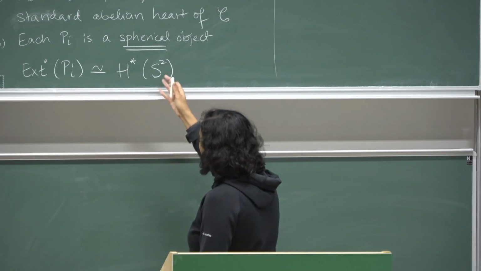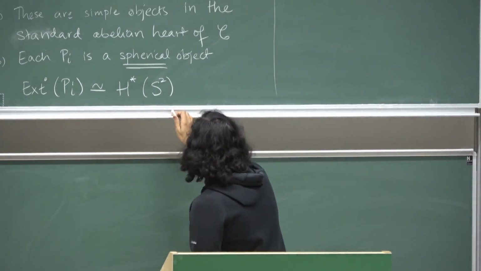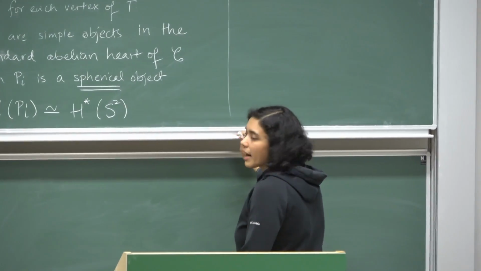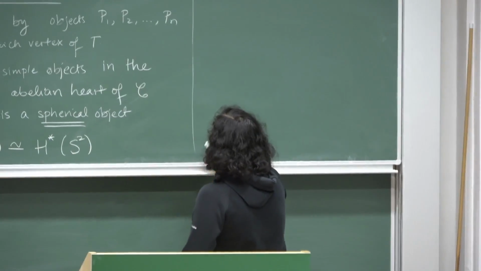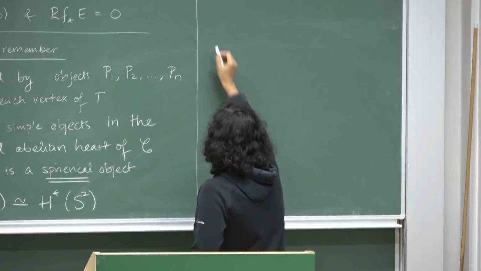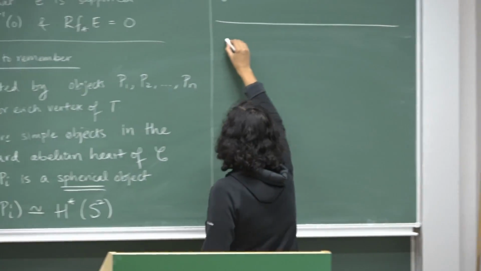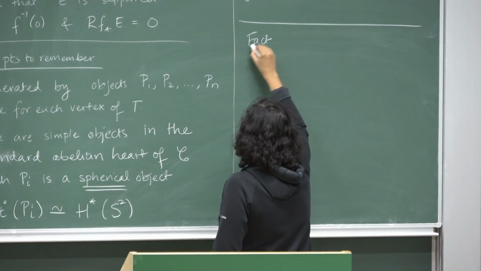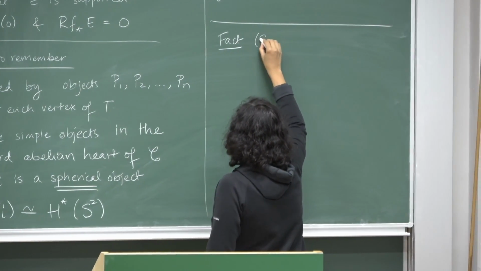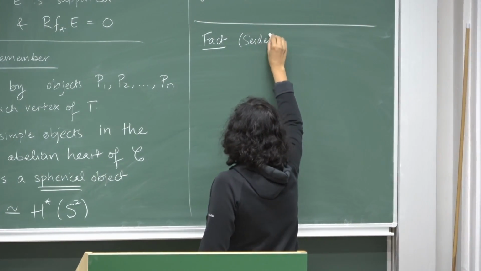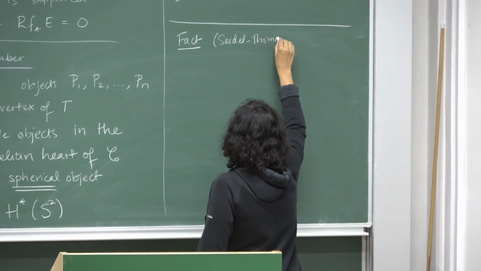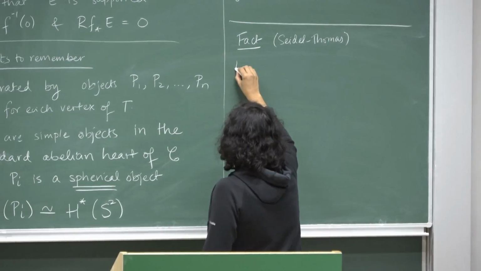But these are the kinds of objects that I'll be interested in, and why is that? I'm not sure if people can see if I write here, but maybe I'll just use the top board. So here's a fact, originally due to Seidel and Thomas.